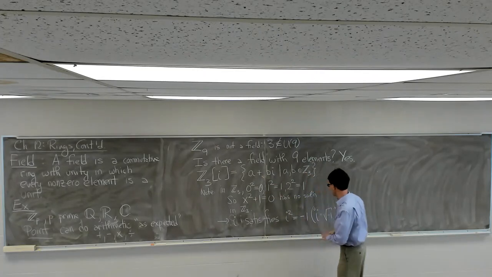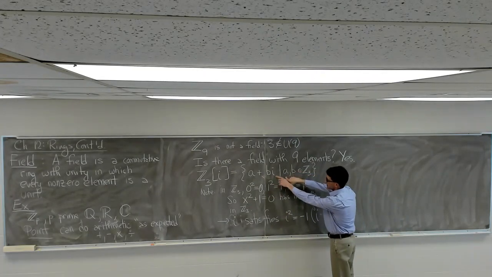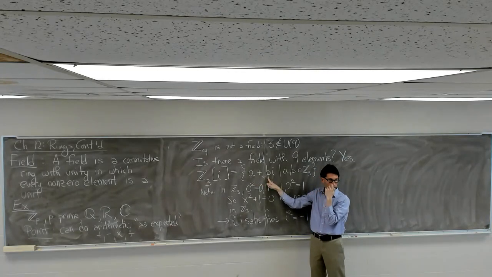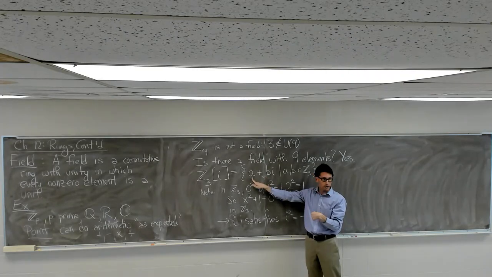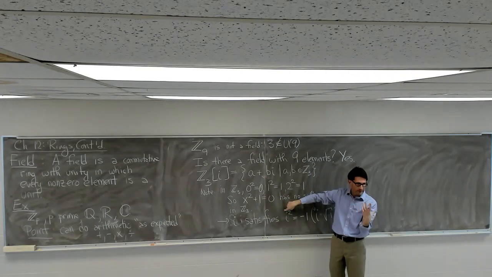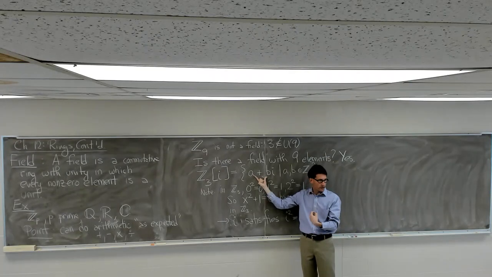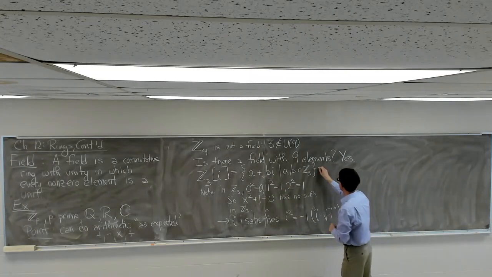So this is a set of 9 things: I have 3 choices for a and 3 choices for b. You with me here? Just like with the real numbers going to the complex numbers, here we're starting with the integers mod 3, supposing we have this new thing that satisfies an equation not satisfiable in the integers mod 3, and then forming these combinations a plus bi, just like we get complex numbers from real numbers.